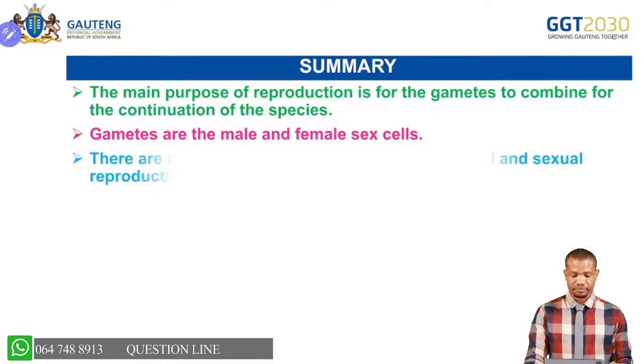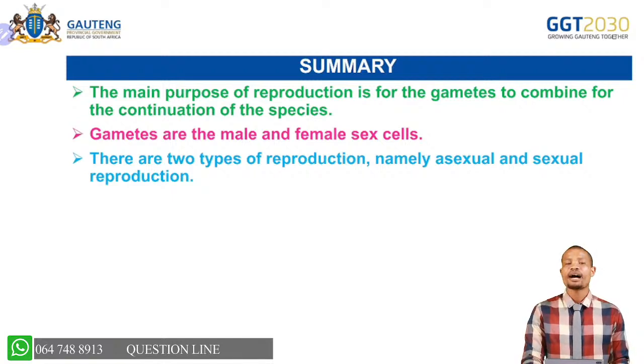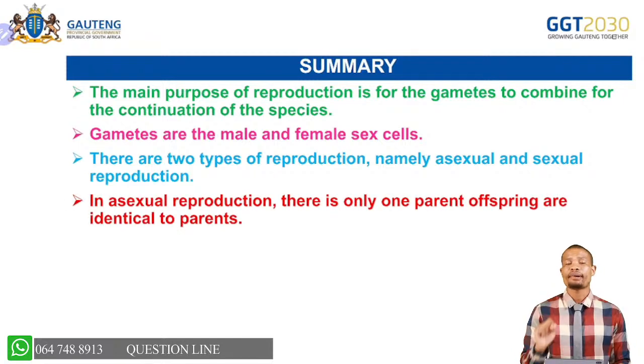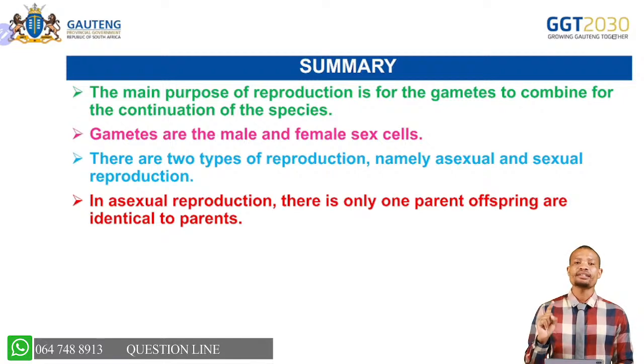Okay, there are two types of reproduction. There is the asexual reproduction and the sexual reproduction. Asexual reproduction has only one parent. There's only one parent in asexual reproduction, and the offspring or babies are identical to the parent.